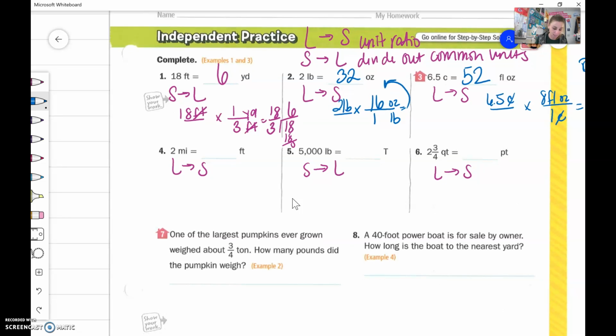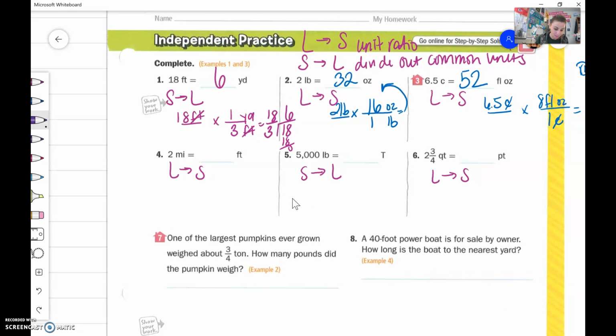All right, let's take a look at this one down here. This next one is miles to feet, so we're going from large to small, and I need to know how many feet are in 1 mile. So remember, if I'm going from large to small, I need my mile down below because it's in 1 mile. How many feet are in 1 mile? 5,280.